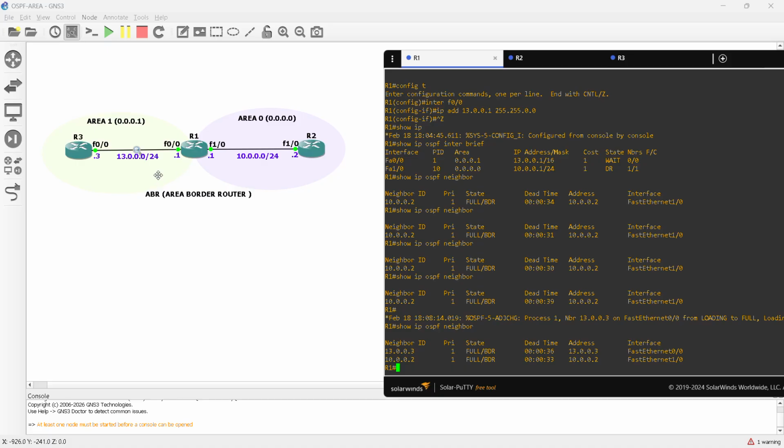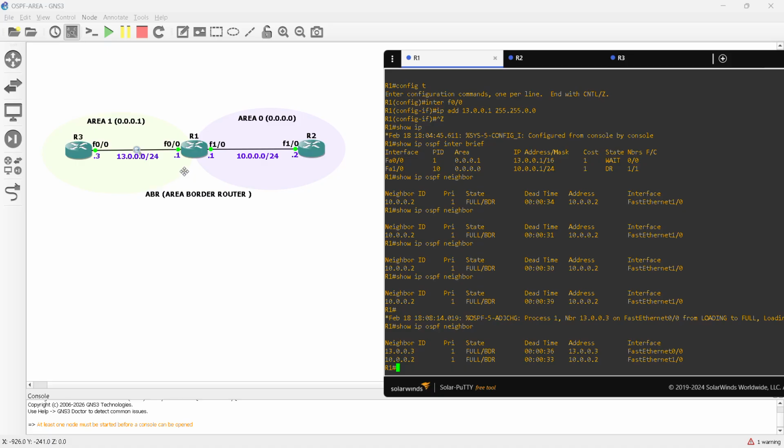Similarly, the third rule says the dead interval of both of the routers should be the same in order to form the neighborship. And to modify the dead interval, we go into the interface mode, not in the router mode.